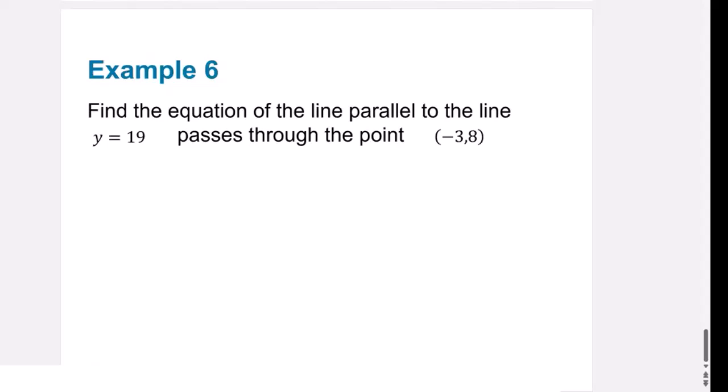Okay, so now we have find the equation of the line parallel to this line y equals 19 that passes through this point. So the best way I can show you is y equals 19. Remember we said, well, first of all, if we have y equals mx plus b, this one's a little easier to explain than the x one.